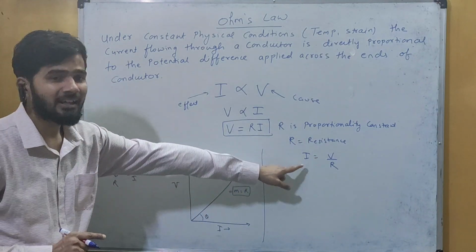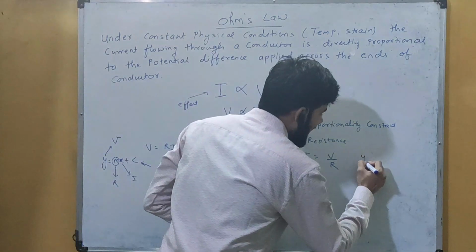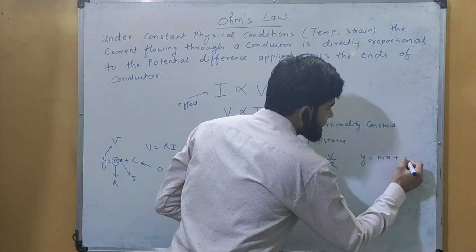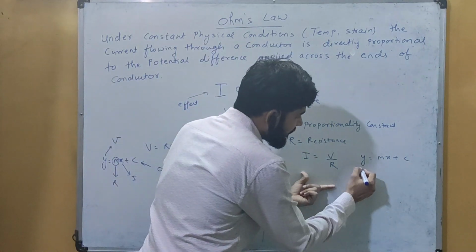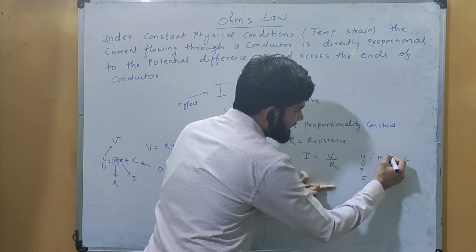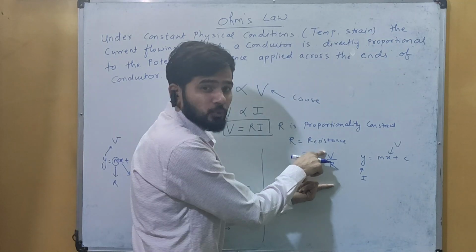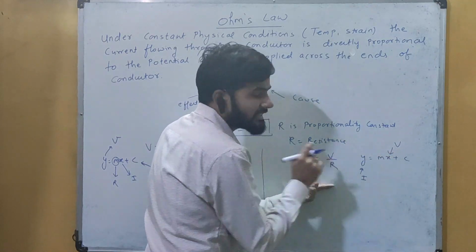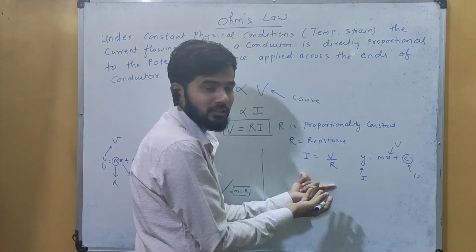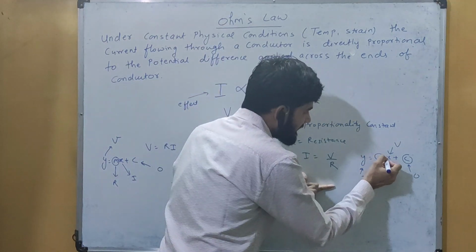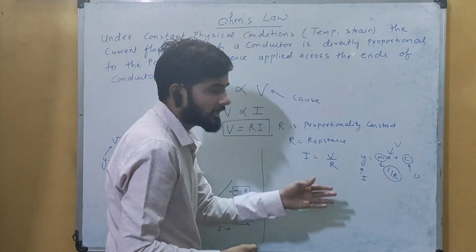Okay, similarly here I can also write it in terms of the equation of a straight line, that is y equals mx plus c. But here when I compare it, I can write this y as I, this x as V, because here I can write it as 1 by R into V. तो यहाँ पर V कितना हो गया x, यहाँ पर c तो क्या है, it's 0, we don't have any other term, and here the slope equals 1 by R. Okay, now what does it mean?